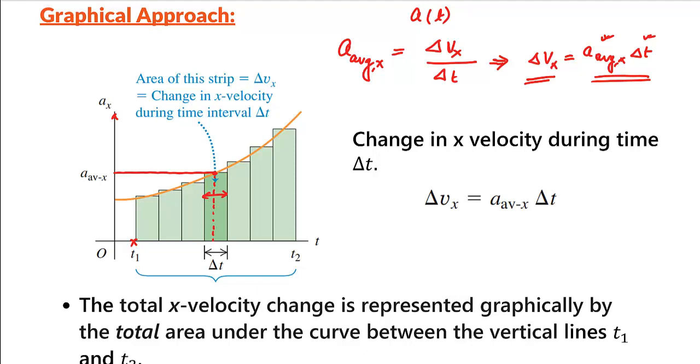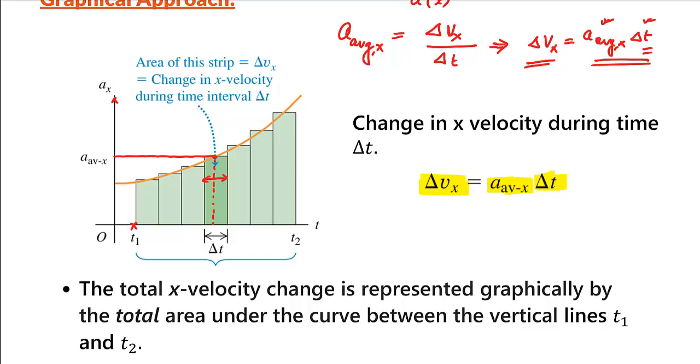If I know average acceleration, I can multiply by dt and get the change in velocity in the x direction, and that is written here. So to calculate change in velocity, we take the average acceleration for that small interval and multiply by delta t.